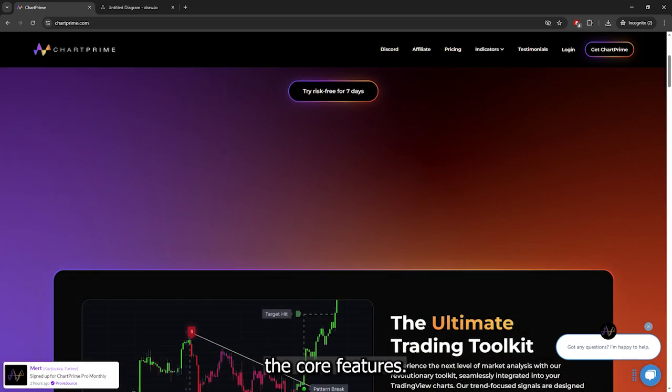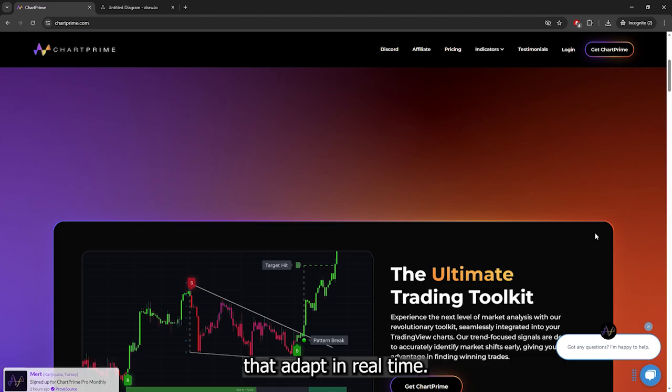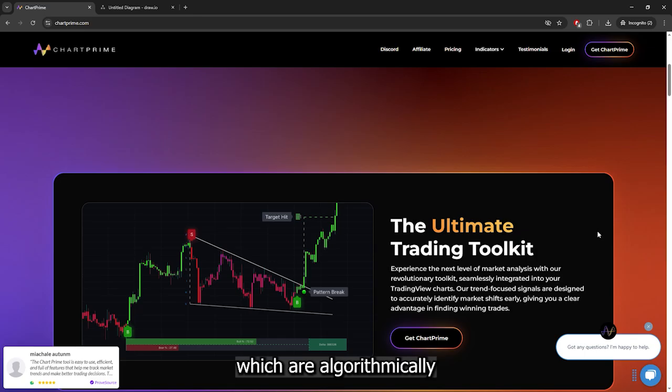Some of the core features, like I just mentioned a bit earlier: auto trend lines, which feature dynamic trend lines that adapt in real time. Smart buy-sell signals, which are algorithmically generated signals based on price action and volume.